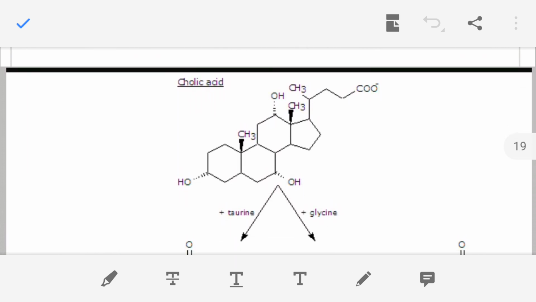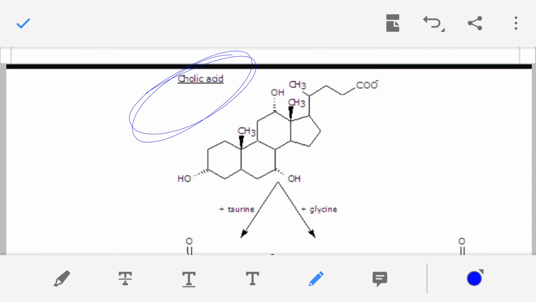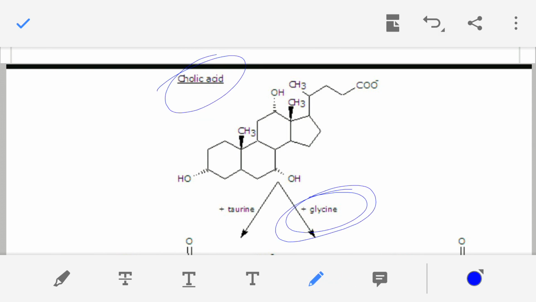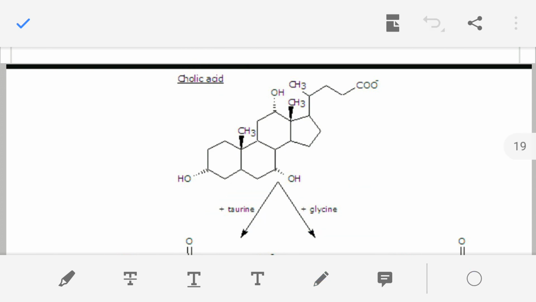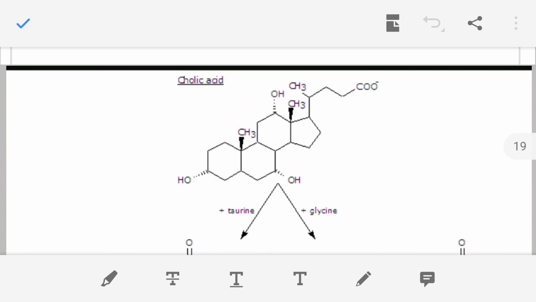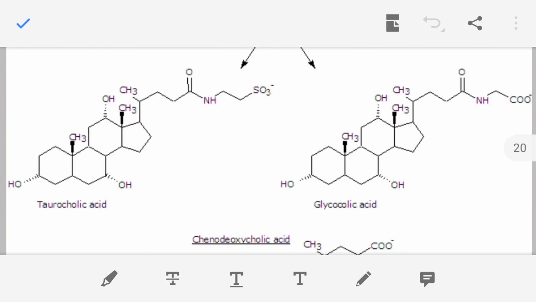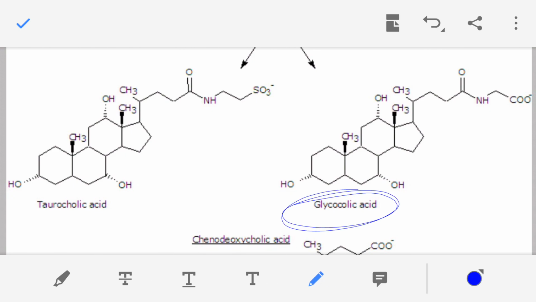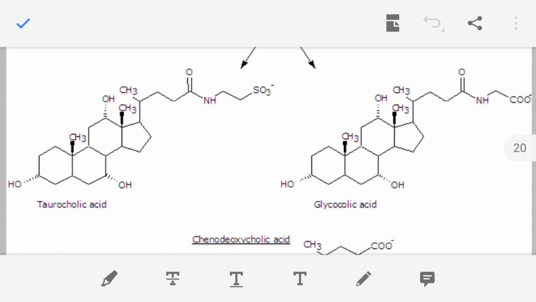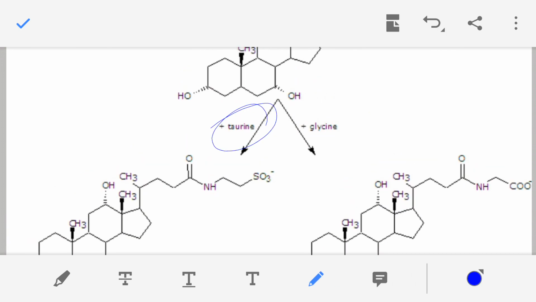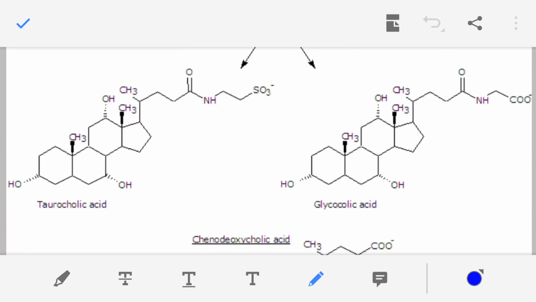Now, this is the structure of cholic acid. And you see, cholic acid combines with glycine or it combines with taurine. So when cholic acid combines with glycine, glycocholic acid is formed, or when it combines with taurine, then taurocholic acid is formed.